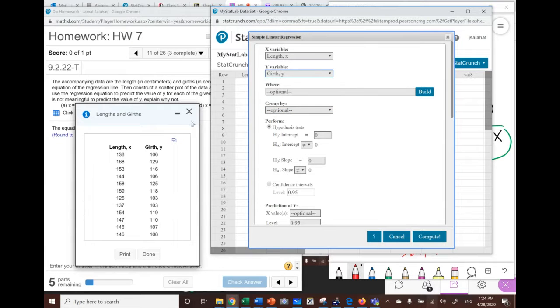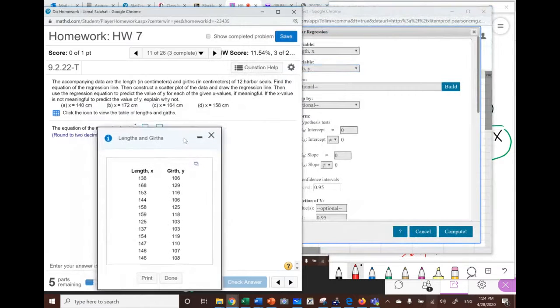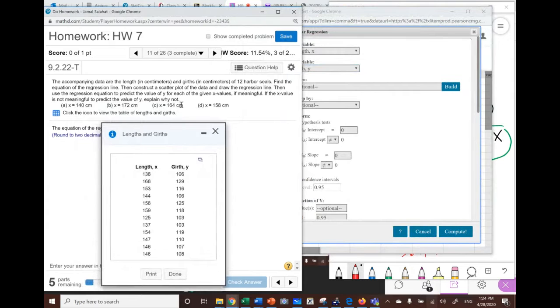In this problem, they're asking me to get the equation and make predictions. I need to predict, like, if we find a length of a harbor seal to be 140 centimeters, what is the girth? If we get one with 172, what is the girth, and so on.